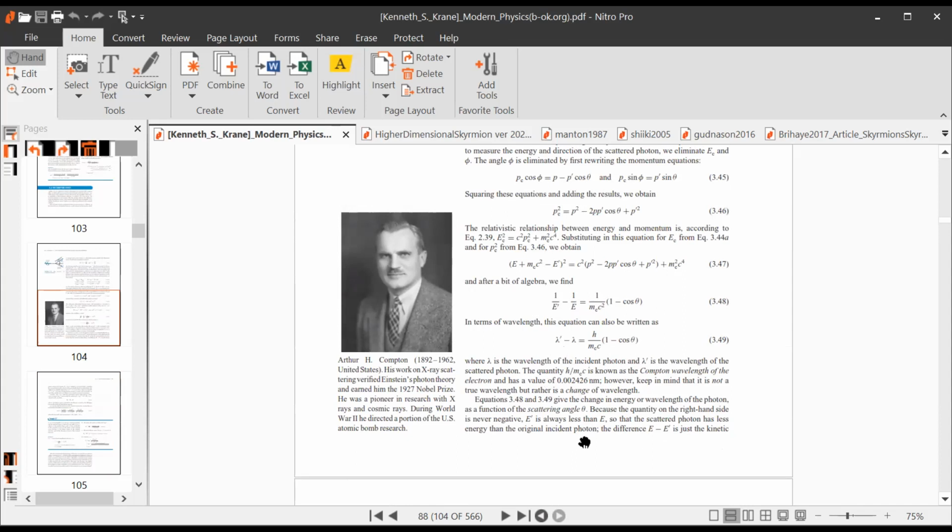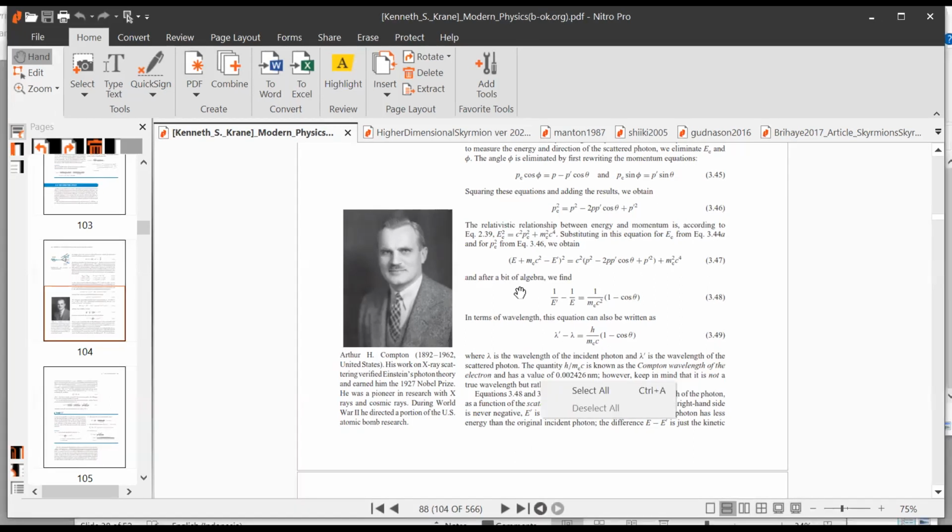The quantity h over mec is called the Compton wavelength of the electron. So Compton proved that we have a shift in frequency. It proved that we have these particle properties of waves.